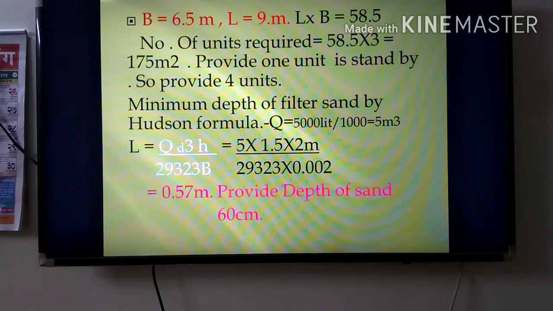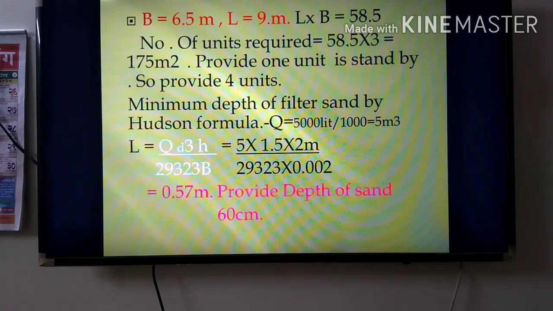The breadth is equal to 6.5 meter and length 9 meter. L into B is equal to 58.5. The number of units is 3, that is 58.5 into 3 is equal to 175 meters square area. Provide 1 unit as standby, so provide 4 units.